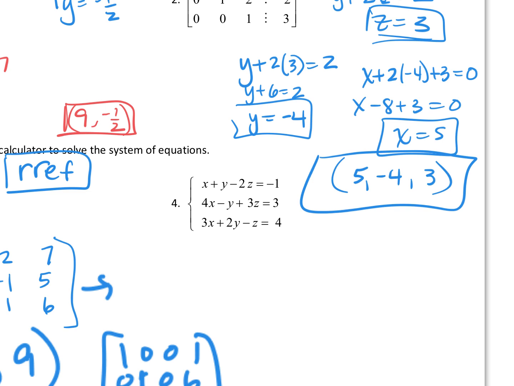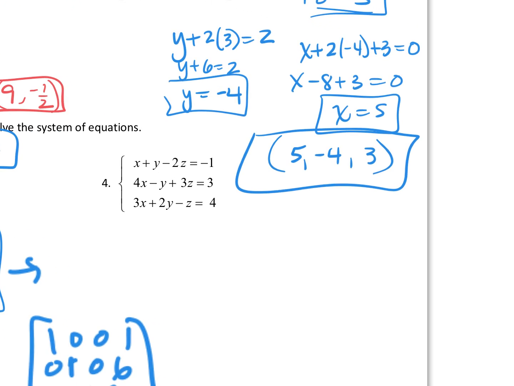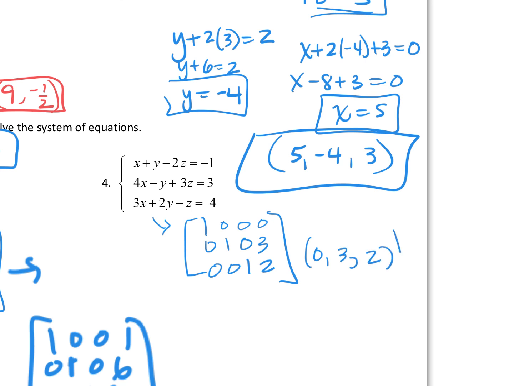And this one, get which means it's 0, 3, and 2. That's my solution.